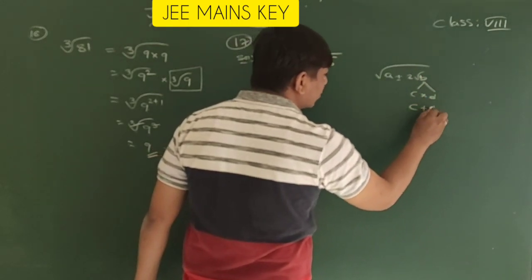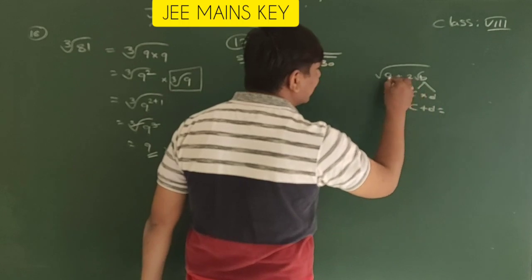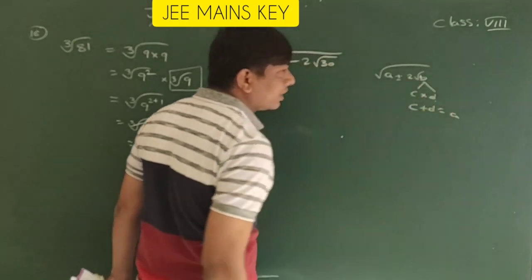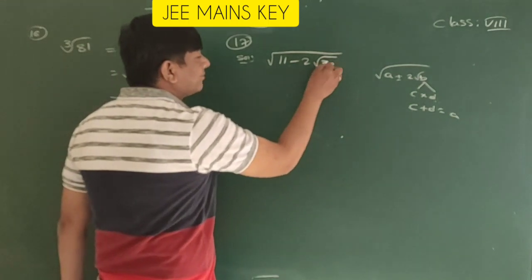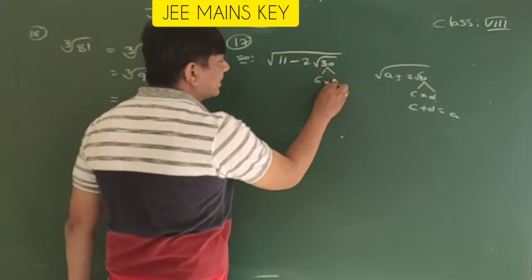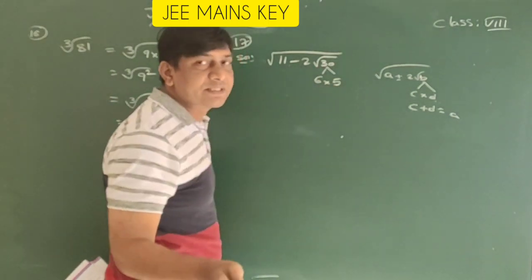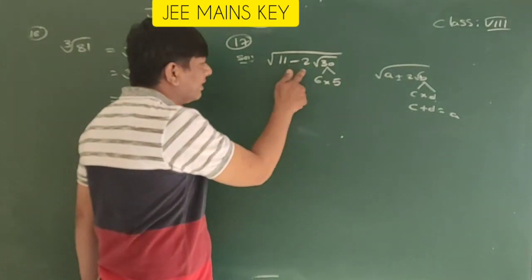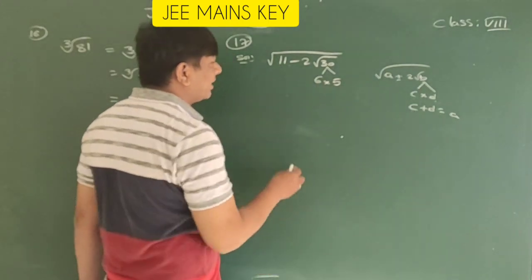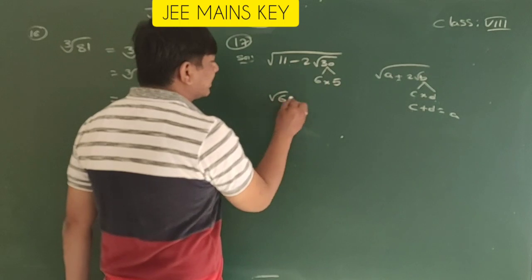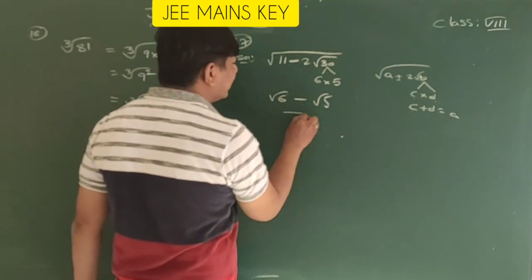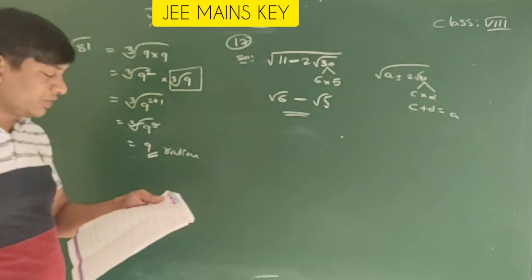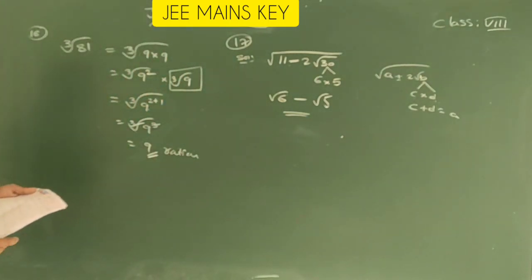If the sum of these two factors is equal to a, then that is the result. Here the factors of 30 are 6 fives are 30, 10 threes are 30, 10 plus 3 is 13, but here 6 plus 5 is 11. So root 6 and root 5. Since minus is there, minus is your answer: root 6 minus root 5.